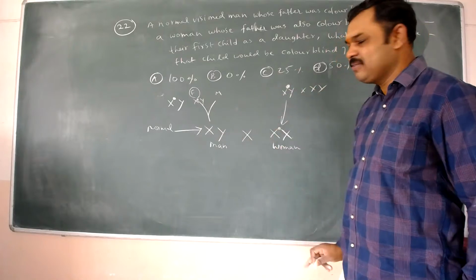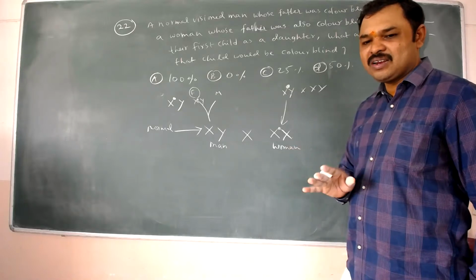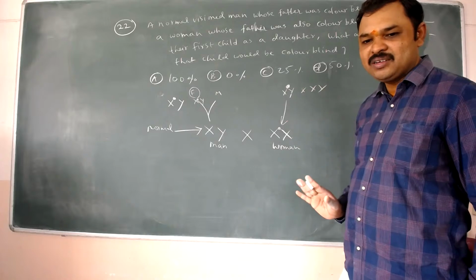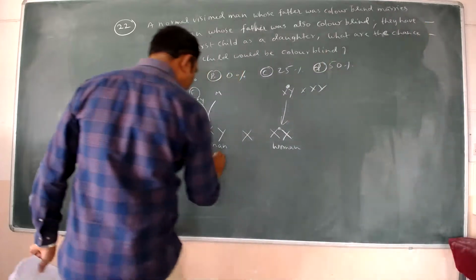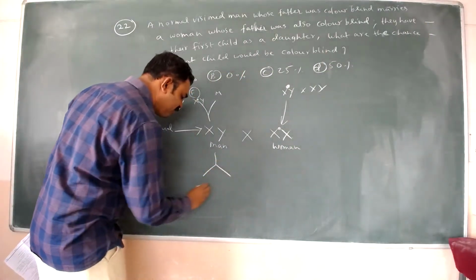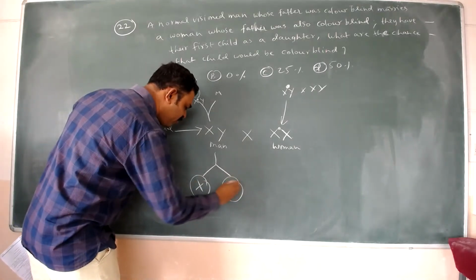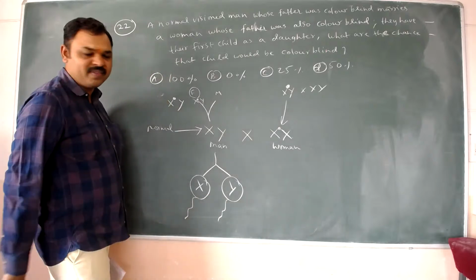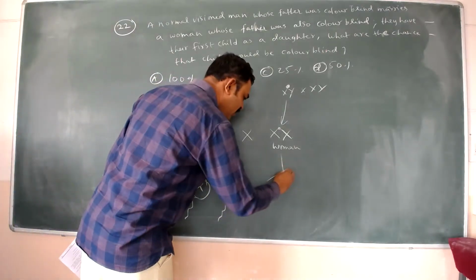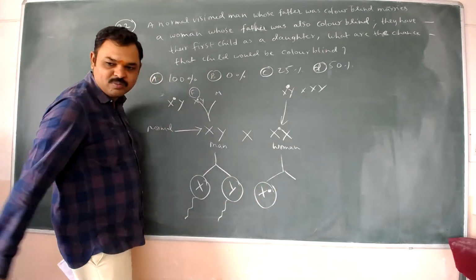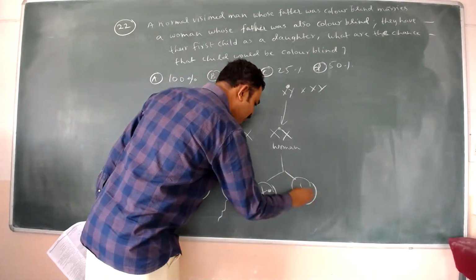Now they are married, and they got a daughter. What is the chance for this daughter to be colorblind? Now you have to see how many types of sperm will come. Two types of sperm: X chromosome sperm and Y chromosome sperm. And the ova has a defective-gene-containing X chromosome and a normal X chromosome.